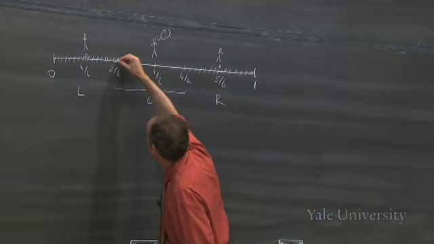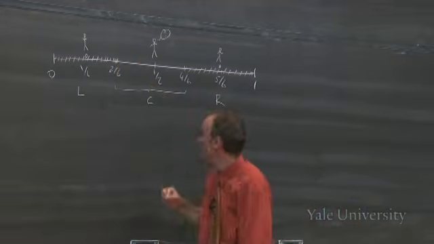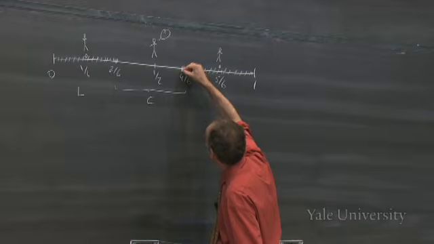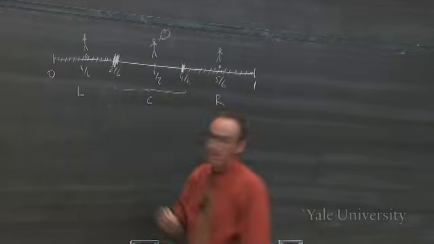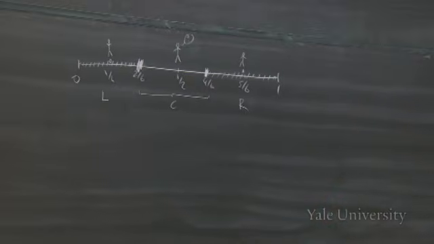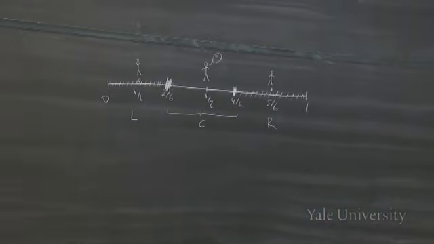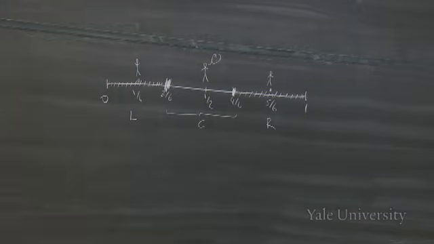Now the left-wing candidate gets a few extra votes, and the right-wing candidate gets a few extra votes. You can see now that the center candidate isn't going to win, because the left-wing candidate is getting slightly more than a third of the votes, and the right-wing candidate is getting slightly more than a third of the votes. So the center candidate's going to get squeezed out.